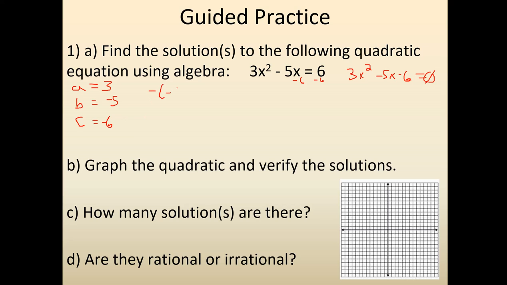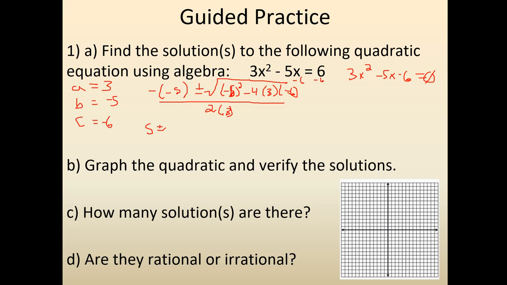The quadratic formula is negative b plus or minus the square root of b squared, negative 5 squared, minus 4ac, all over 2a. So we end up getting, this becomes a 5.